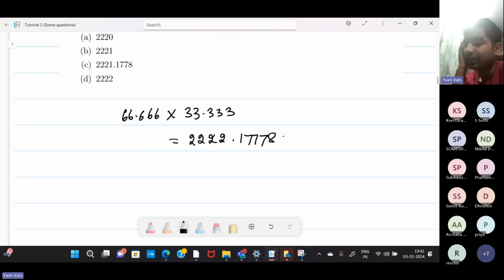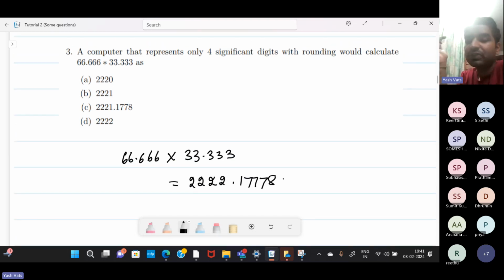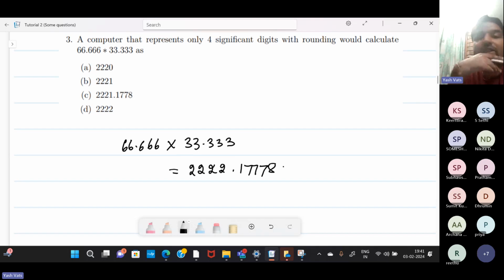Okay, so it's up to 5 decimal places, but we have to reduce the number to 4 significant digits with rounding. So it can represent only 4 significant digits.